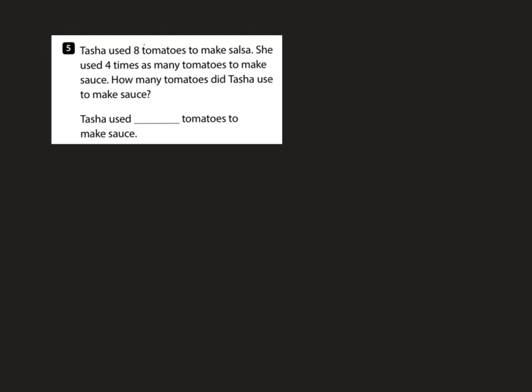All right, Tasha used 8 tomatoes to make salsa. She used 4 times as many tomatoes to make sauce. How many tomatoes did Tasha use to make sauce? So since both of them start with an S, we're going to actually write the word out. So salsa, we know there's 8 tomatoes to make salsa. And in order to make the sauce, we know she used 4 times as many as salsa.